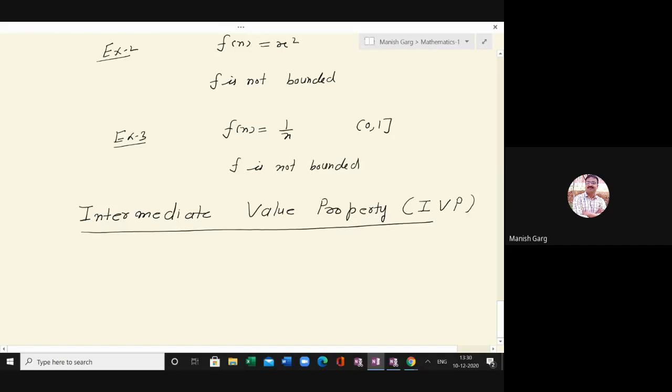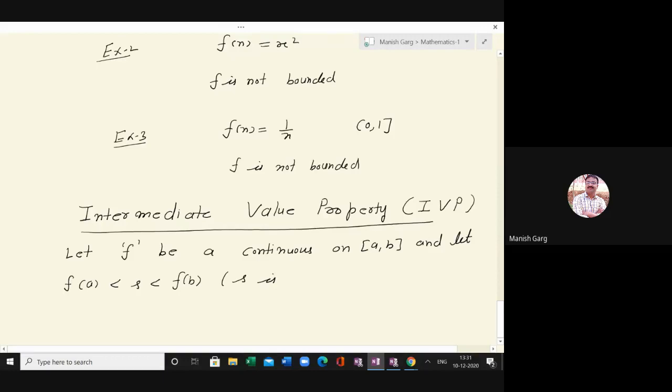What it says, let f be continuous on closed interval [a, b] and let f(a) < s < f(b). That is what here? s is an intermediate value.